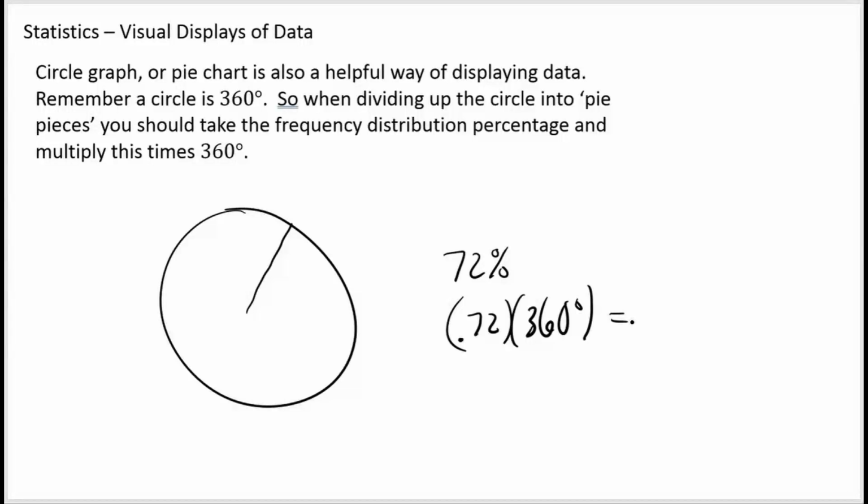So 0.72 times 360 gives me 259.2. That's in degrees. Now remember, 360 is all the way around. So 259.2 is pretty big. But you could use a protractor and find it, or you can kind of guess.